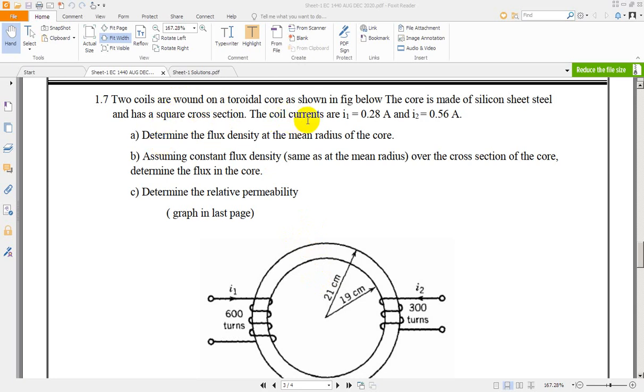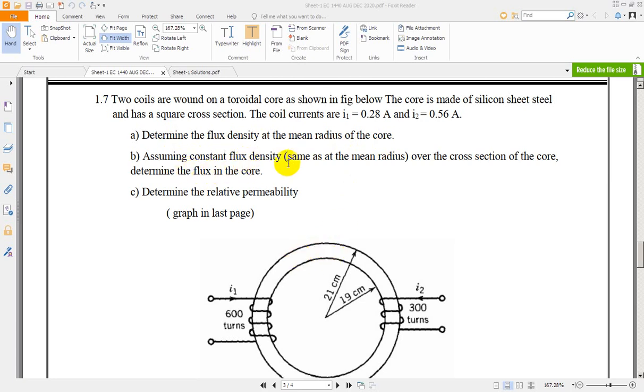The coil currents are I1 equal to 0.28 amperes and I2 equal to 0.56 amperes. We need to determine the flux density at the mean radius of the core.